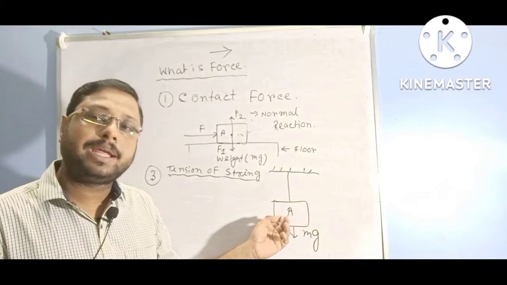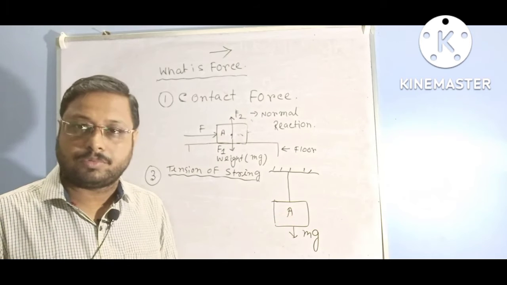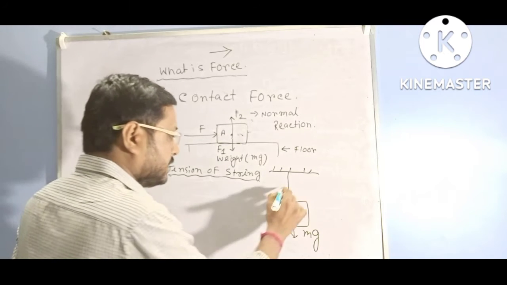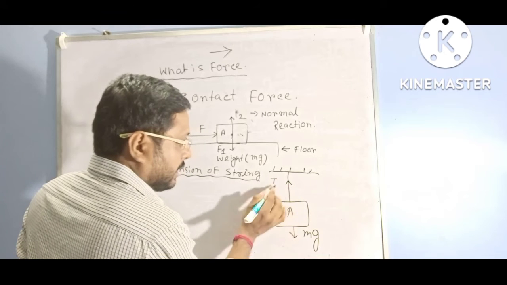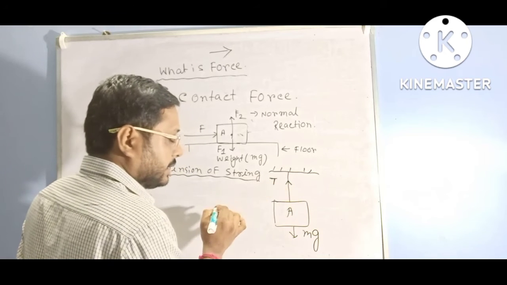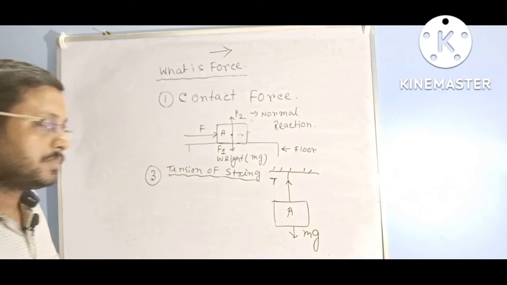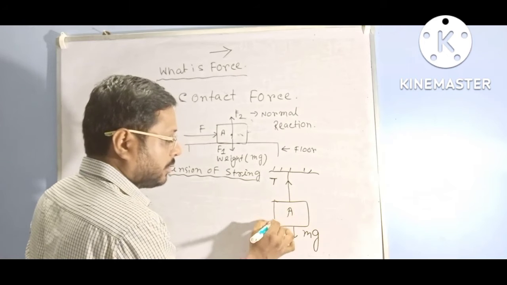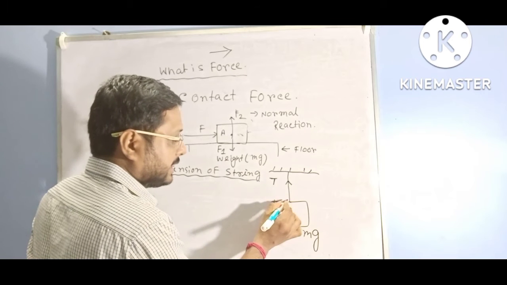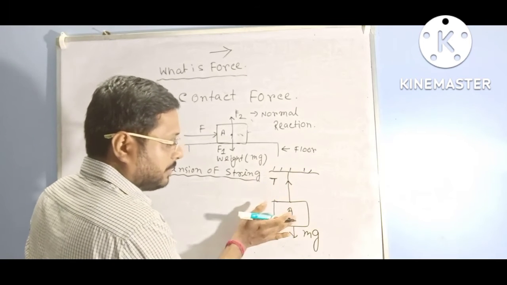To hold the body A in equilibrium, that is, so it does not fall down, an equal and opposite force, or sometimes greater force, is applied, which is called T, the tension of string, opposite to the weight of A, and it is always directed away from the body.